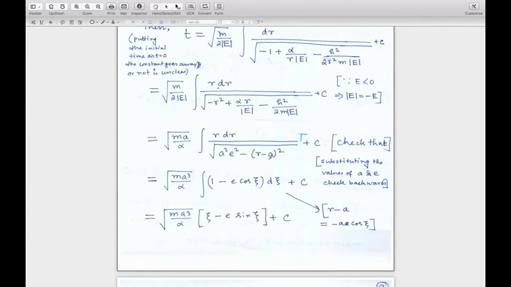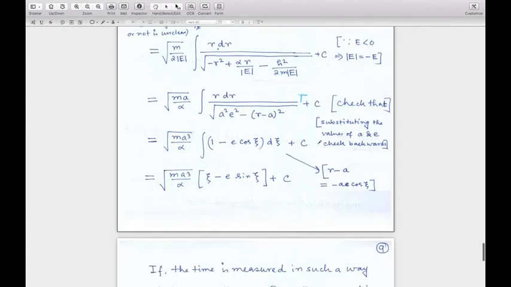integration r dr over square root a square small e square minus r minus a whole square plus the constant. Now you do a change of variables by redefining a variable xi, saying r minus a is defined as equal to minus a times small e cos xi.